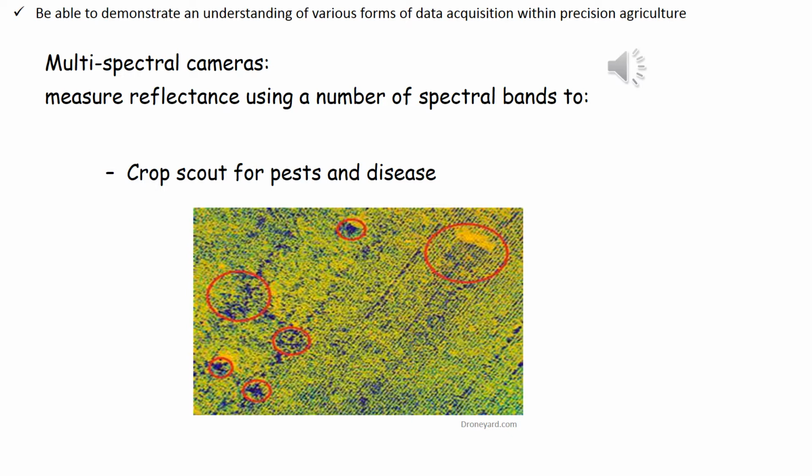So in this case, we're looking at the absence of vegetation or the vegetation not growing nearly as vigorously as other parts of the crop. So this is likely due to pests or disease. It could be indicative of locust hatchings, for example, or where rust might be beginning to take hold in the crop.